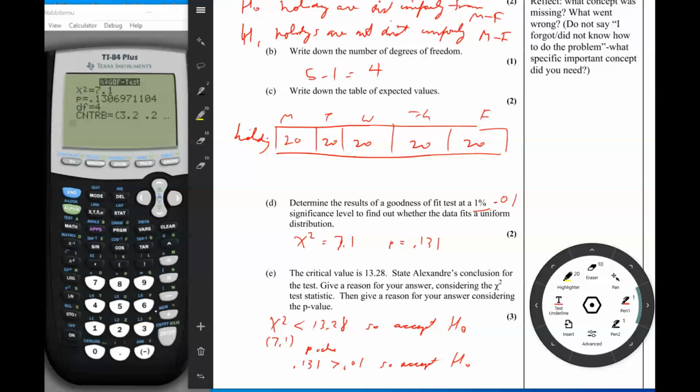Sometimes they may not give you the chi-squared or the critical value. If they don't give you the critical value, you're forced to use the p-value to judge, okay? And on an IA, you will find your own critical value using very commonly found tables, which convert degrees of freedom and your significance level to a chi-squared value. That's it.